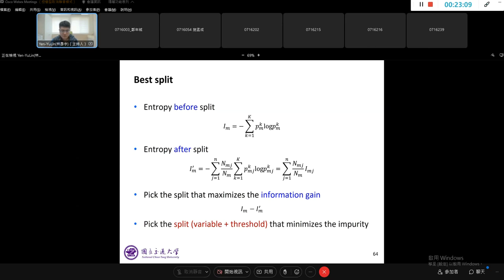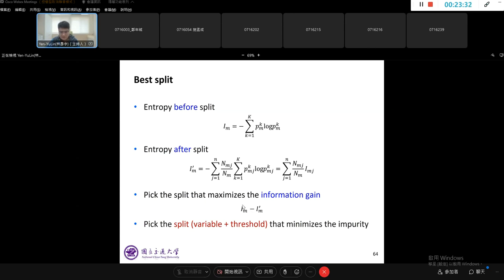We want to minimize the impurity such that we can have a more reliable prediction. Based on this reason, we define a term I_M subtracted by I_M prime.